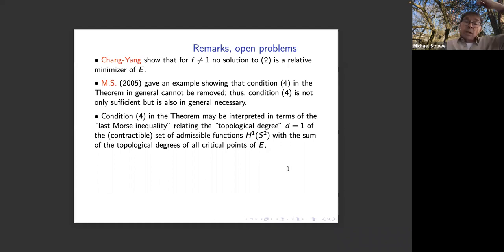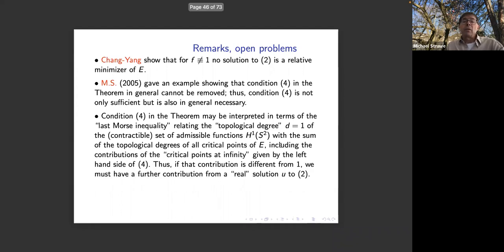The condition can be interpreted as a Morse identity, which relates the topological degree of the set of admissible functions, which is the set of H1 functions, and it's a Banach space, so it's a contractible set, with the sum of the topological degrees of all critical points of E that can be attained by minimizing or minimaximizing sequences.